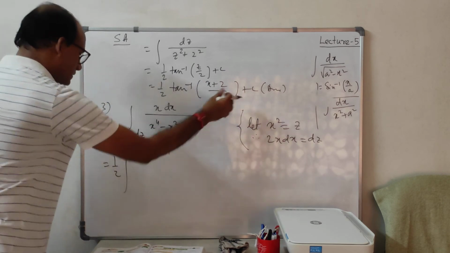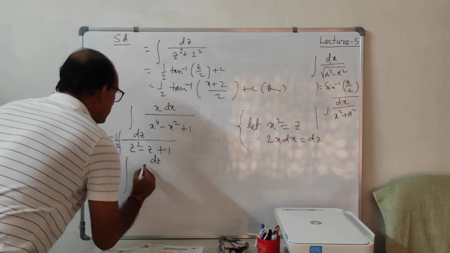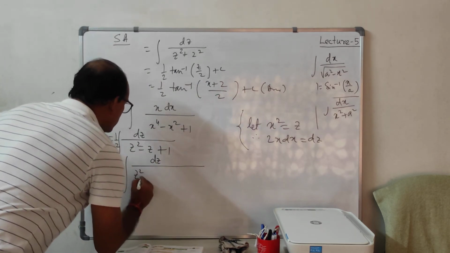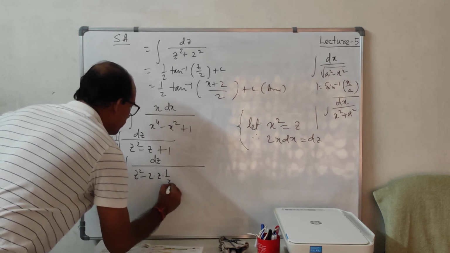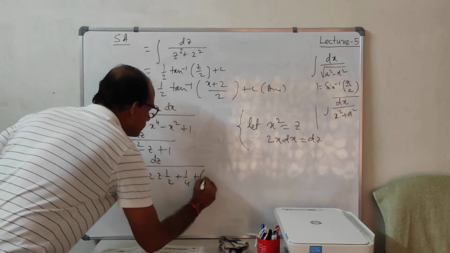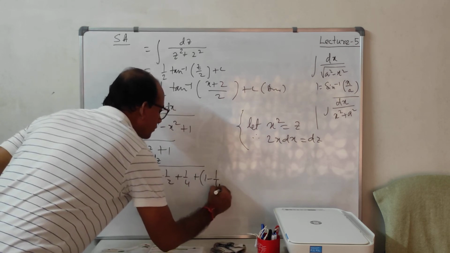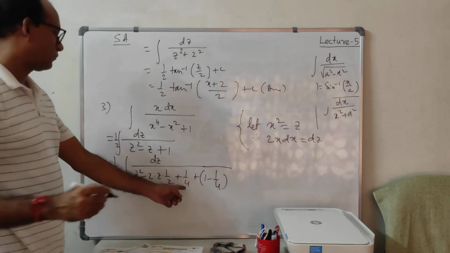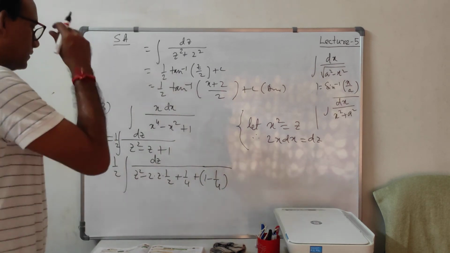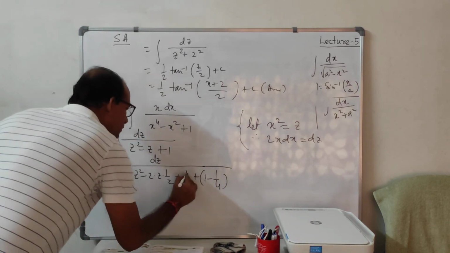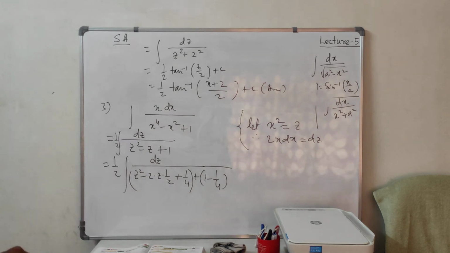Then I wrote first things, z^2 minus 2 into z into half plus 1/4 plus 1 minus 1/4. I balanced 1/4 by minus 1/4. Okay, just put first brackets here.